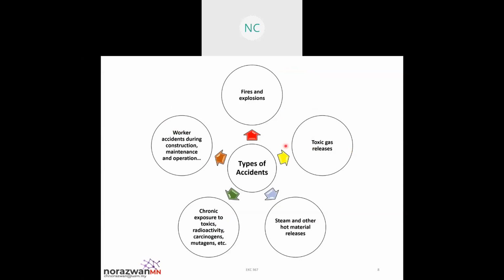Among the types of hazards are fire and explosion, toxic gas release, steam and other hot material release, chronic exposure due to toxics, radioactivity, carcinogens, mutagens, and so on. And lastly, workers accidents, those involving personnel during construction, maintenance, and operation. So all of these hazards must be included in your analysis when you are dealing with ISD.